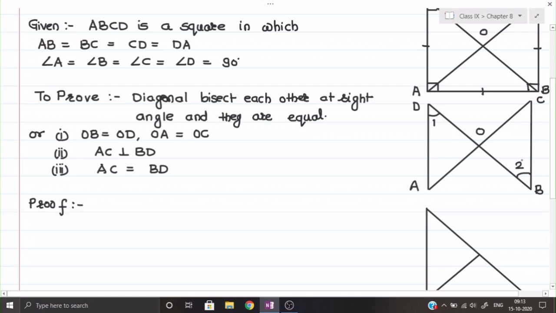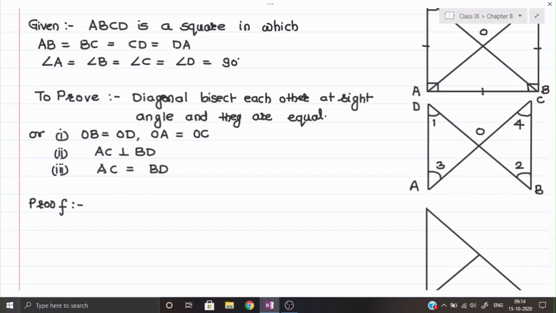So angle 1 and angle 2 are which kind of angles? Observe carefully. Now you are mature enough that angle 1 and angle 2 we can say definitely are alternate angles. And similarly, if I mark in the same manner this angle and this angle, these two angles are also alternate angles, and AD and BC are given parallel.